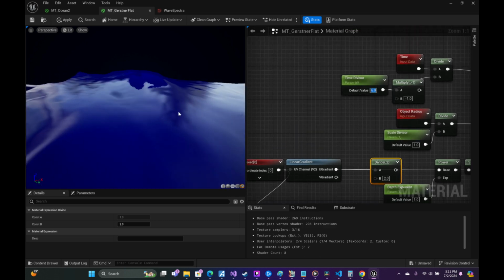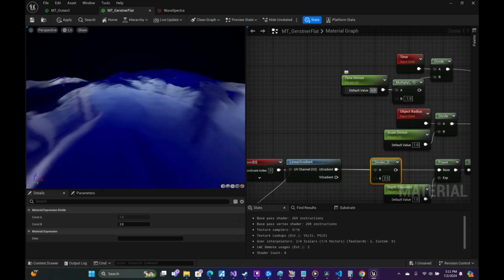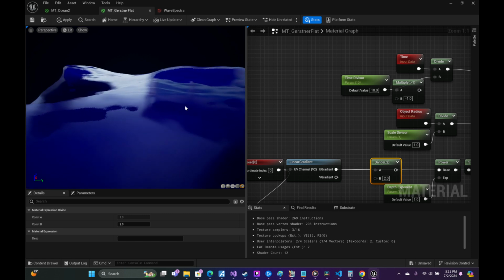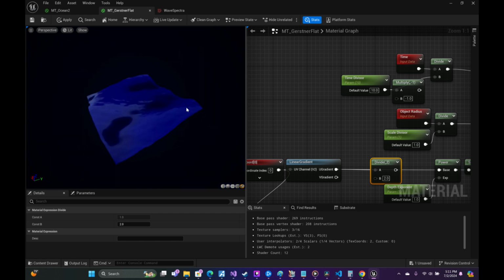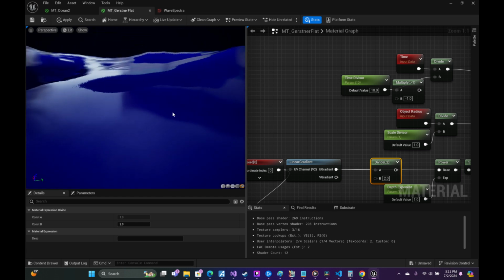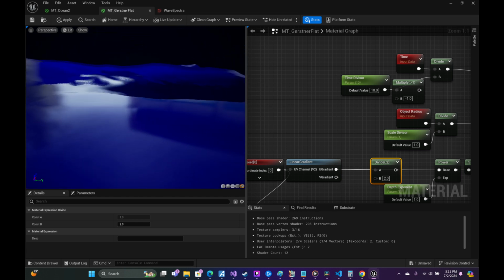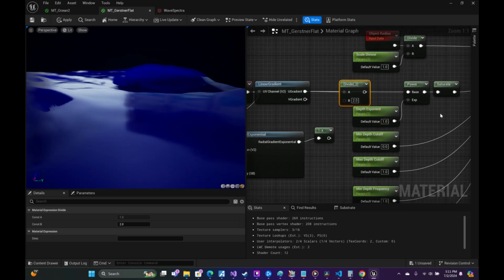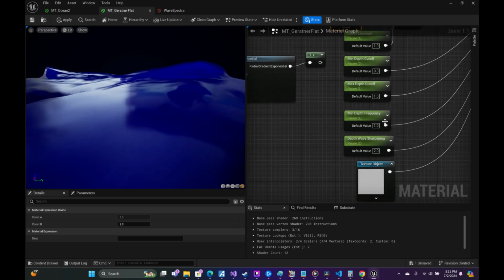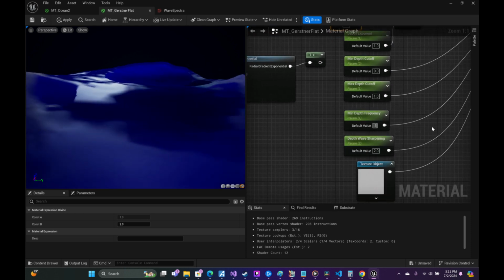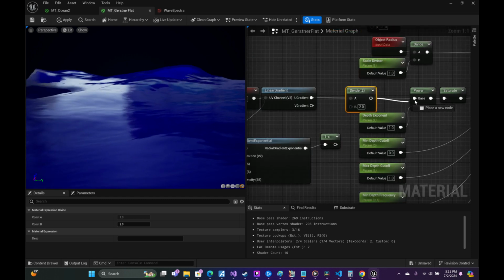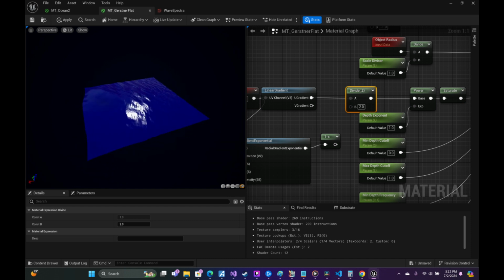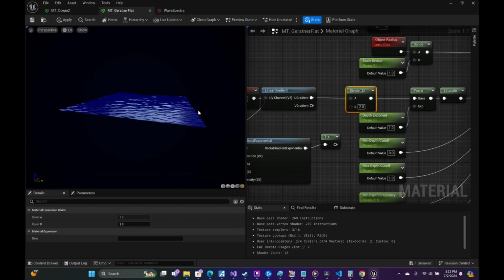And also, I think we're too fast. That's a little bit more realistic, I think. This would be like your waves in the deepest ocean, and then this would be what you would see closer to the shoreline.